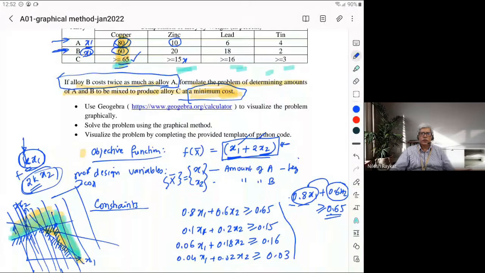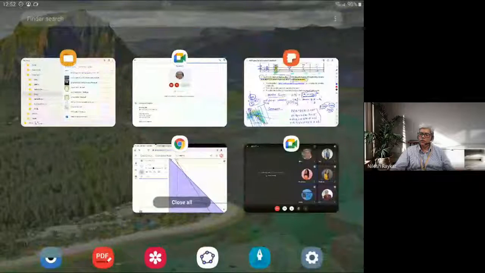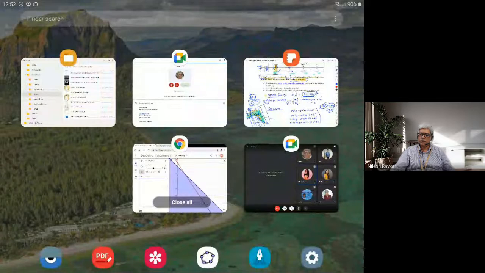Since we are in online mode, we will use an online tool. I have given one link to the GeoGebra site.